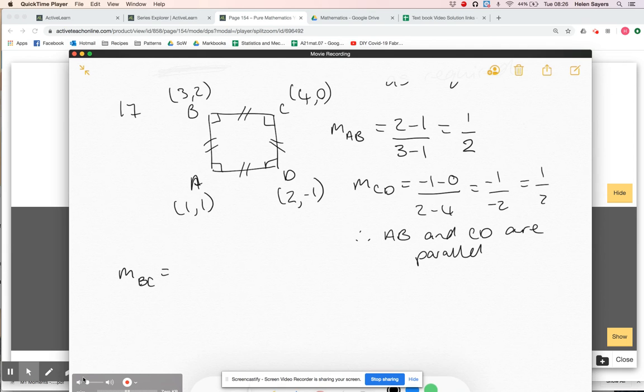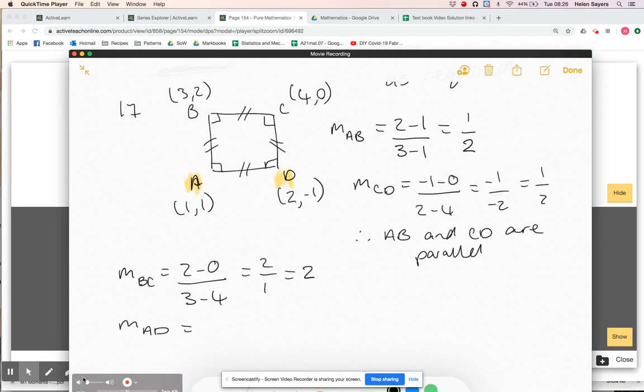I'm looking at these 2 now. So change in y, I'm going to do 2 minus 0 over 3 minus 4, so that's 2 over 1, so that's 2. And then let's just work out the gradient of AD, so now I'm just looking at these 2 for the gradient of the line between those 2.